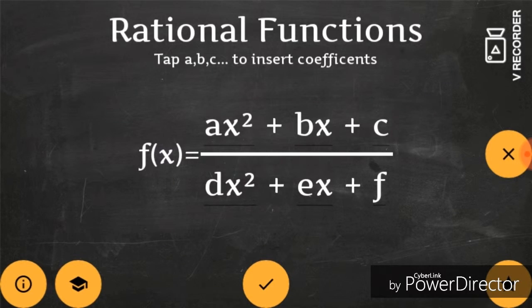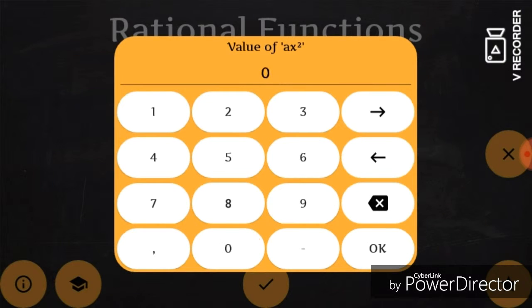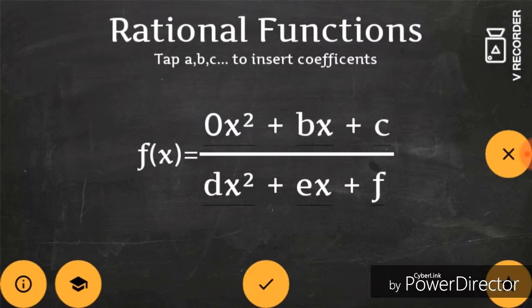As we can see, we have A, B, C, D, E, and F as the coefficients. For instance, we have f of x is equal to x minus 1 all over x plus 1. Let a is equal to 0 since we don't have a second degree function in the numerator.